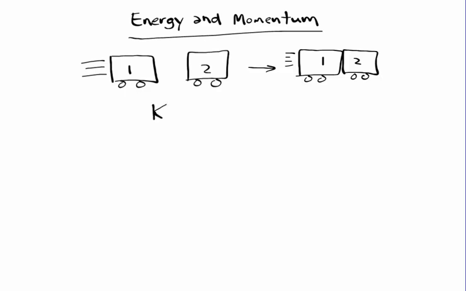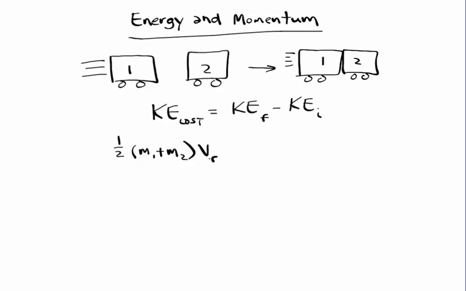So the kinetic energy that's lost will be equal to the kinetic energy final minus the kinetic energy initial. The kinetic energy final in this case would be 1/2 (m1 plus m2) times v final squared. And the kinetic energy initial is going to be the sum of the two kinetic energies, and you have to calculate them separately.